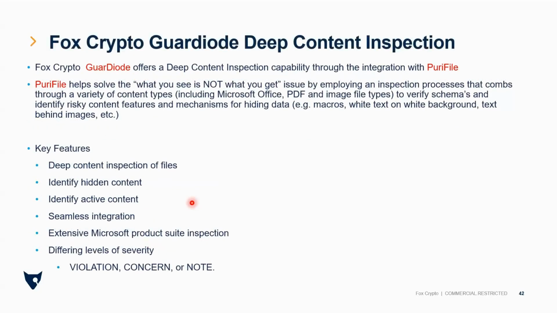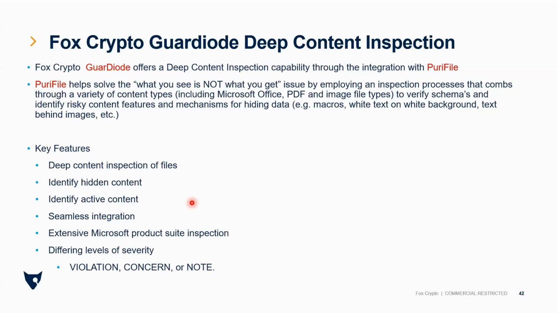But you can go further. You can also do deep content inspections on Office documents and PDFs. You can say, for example, well, this is a Word document which contains macros. I will convert all the text into pictures and send it across. Or I will deconstruct, remove macros, and reconstruct and send it across.